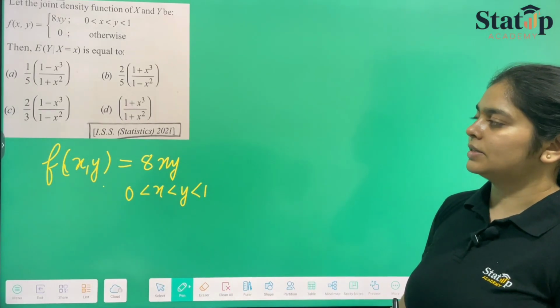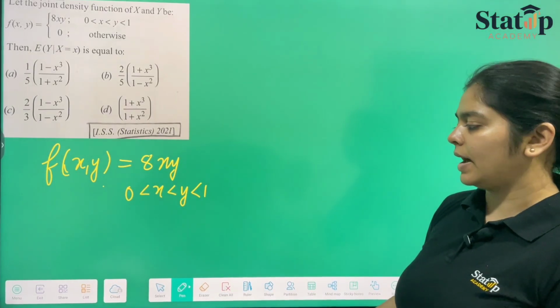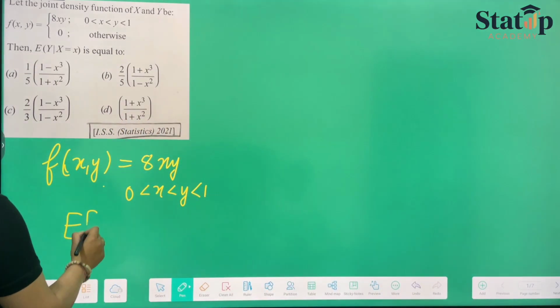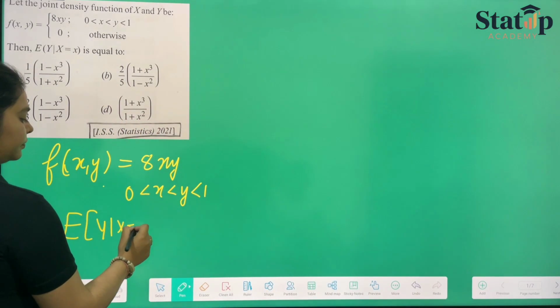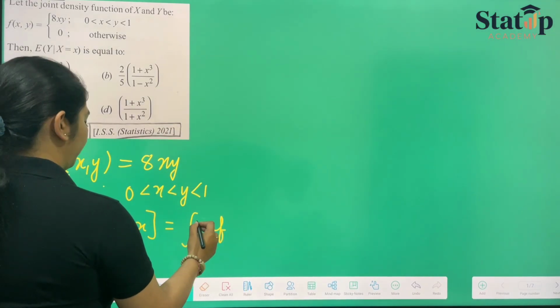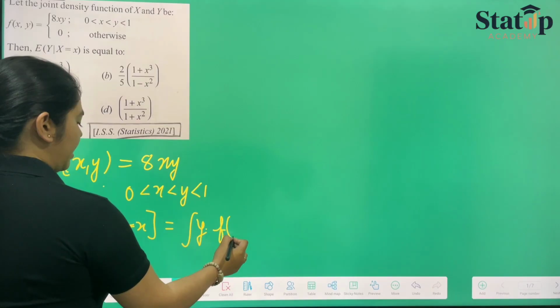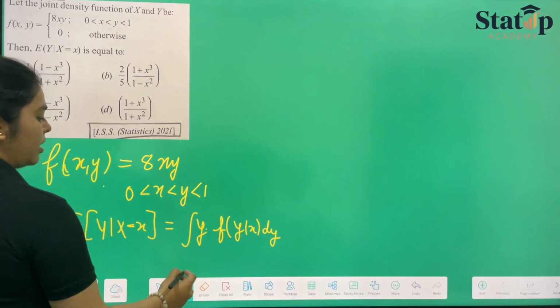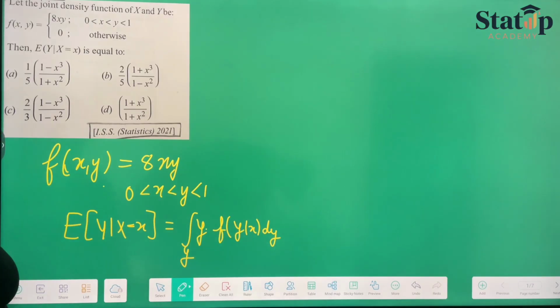Now they have asked us to find the expectation of y given x. If we have to calculate this, it will be equal to the integration of y into f of y given x dy with the limits of y, right?